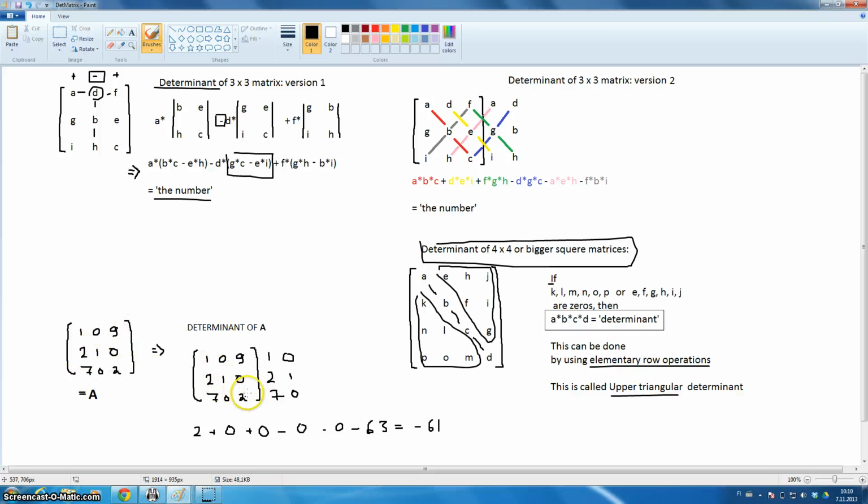So we take these ones over here, 2, 0, and 0, because there's a 0, and then there's a 0, and then there's minus 9 times 7, which is 63, and the result is minus 61.